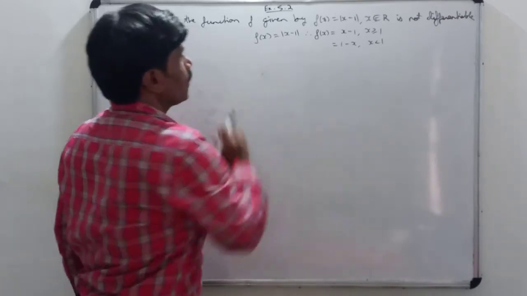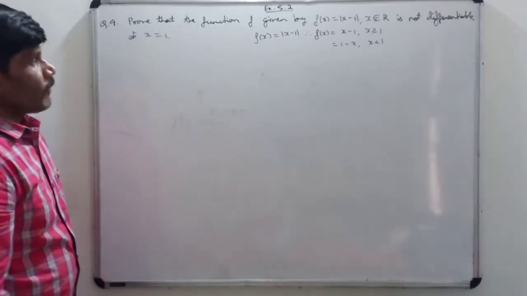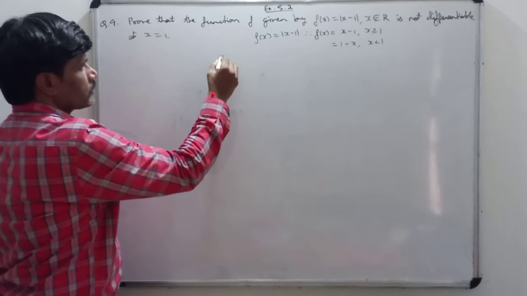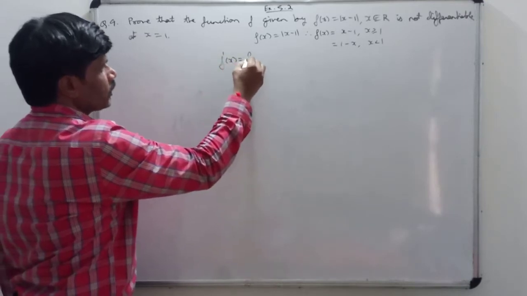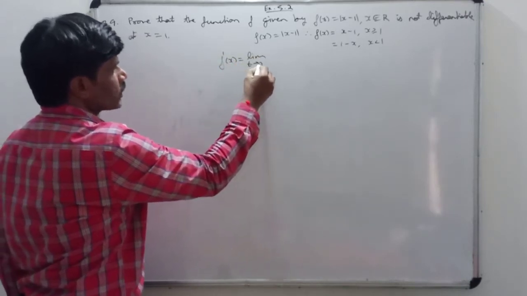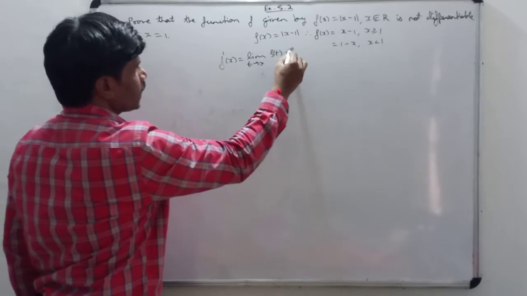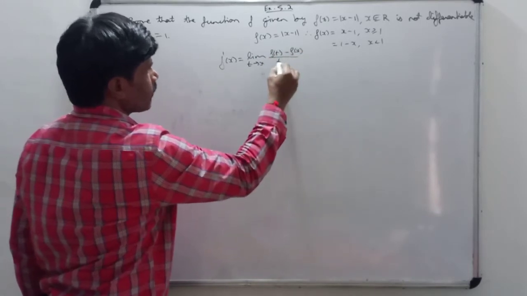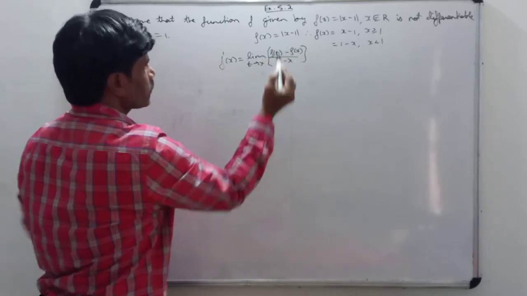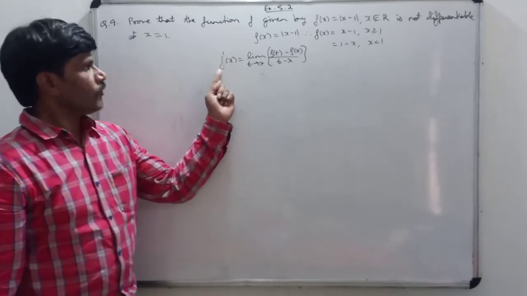Okay. Now f'(x) is equal to what? Limit t tends to x, (f(t) minus f(x)) upon (t minus x). This is the formula. f'(x) means derivative of f at x.